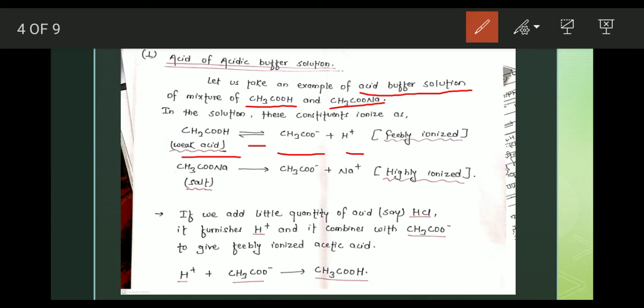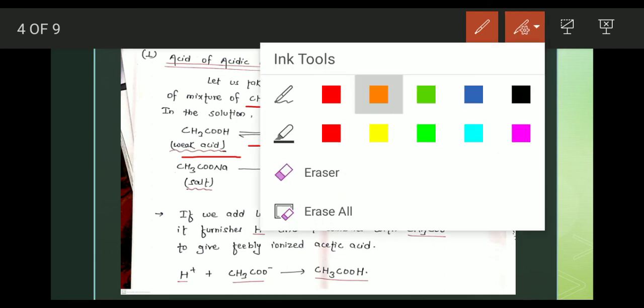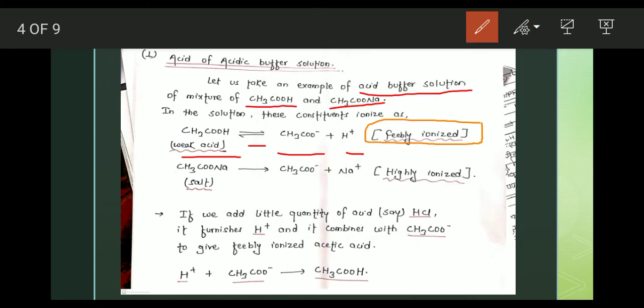Clear, guys? And they are feebly ionized. A very important term to understand here: feebly ionized means incompletely ionized. They don't ionize completely. Let's take an example. Suppose I have taken 10 moles of acetic acid, then only 3 moles will decompose, that is, 3 moles of acetate ion will form here.